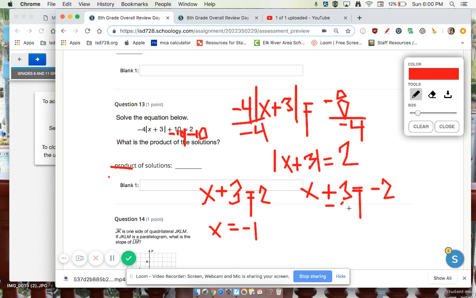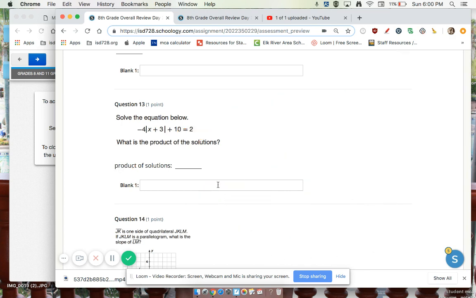Subtracting 3 again, negative 2 minus 3 is a negative 5. Be careful with your integers. So x is negative 5. Those are my two solutions. So they're the two numbers that make that true, but I need product. So negative 1 times negative 5, I got to multiply them together, is equal to a positive 5.